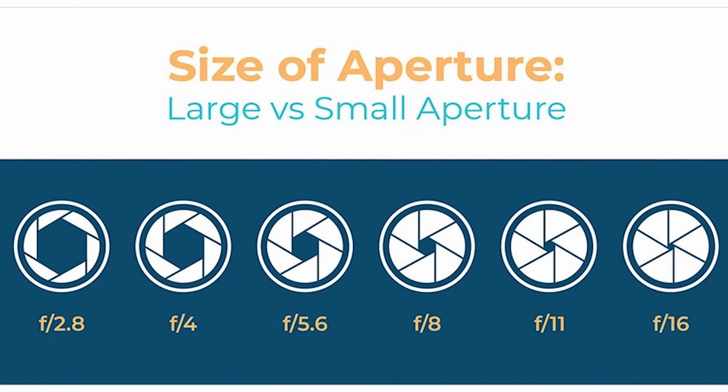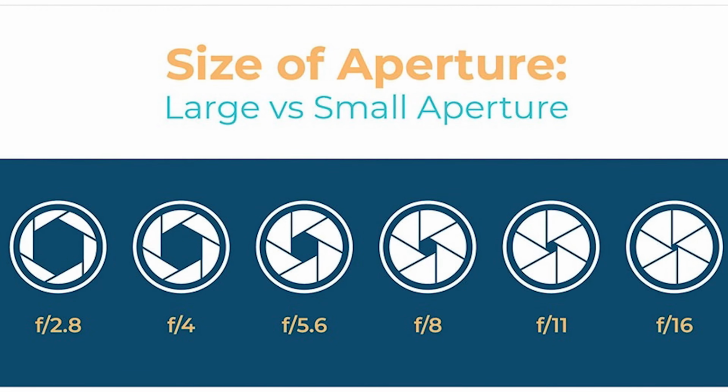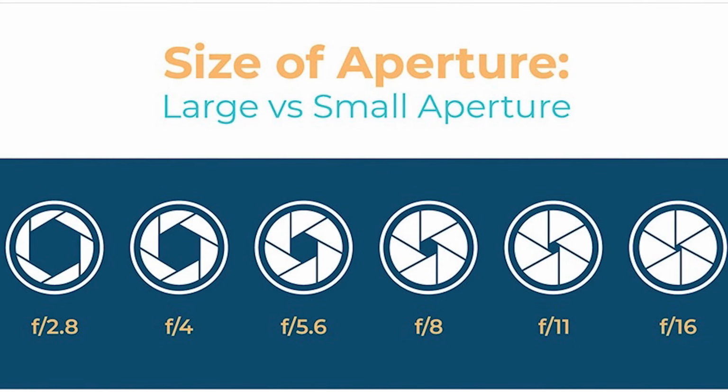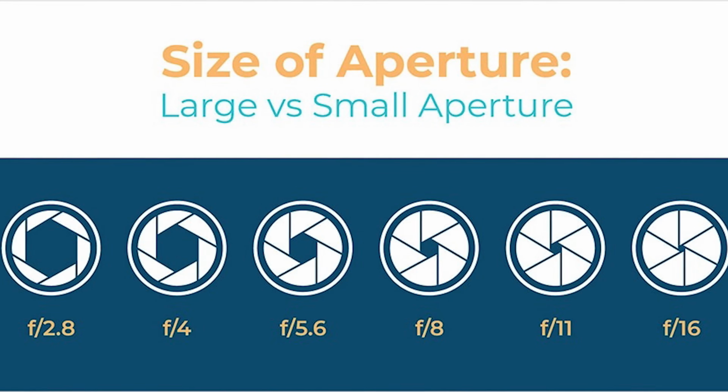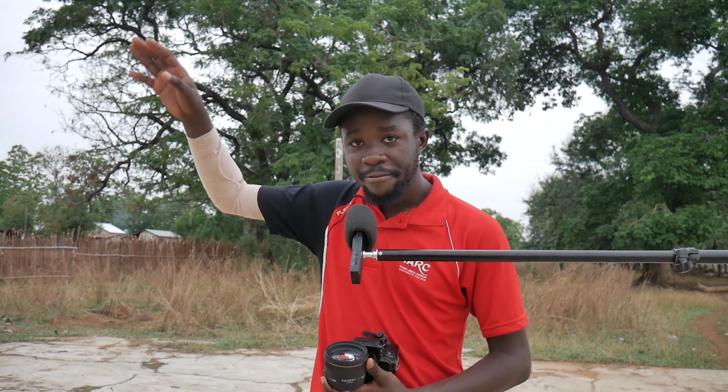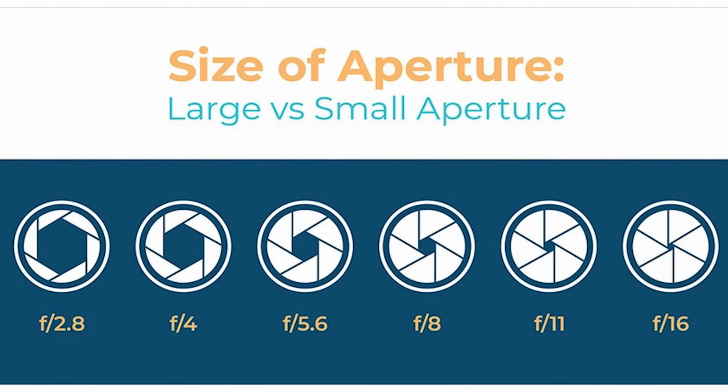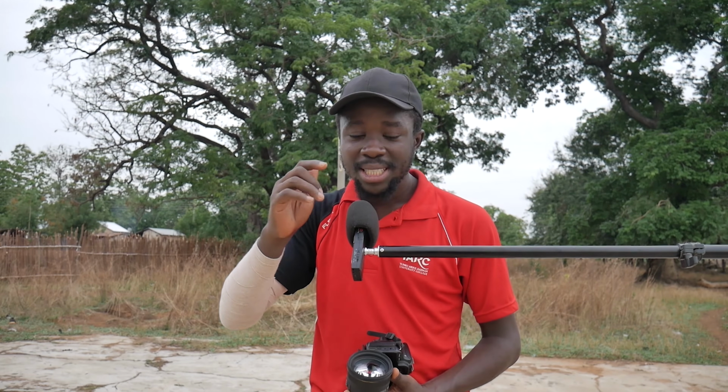What do I mean by that? An f1.4 would give you much more light than, let's say, an f12. So instead of f1, f2, f3, f4, f5, f5 is actually a darker image and f1 is actually a very bright image. That's how it is. I know this might sound confusing at first, but if you keep doing this, it's going to get very easy.